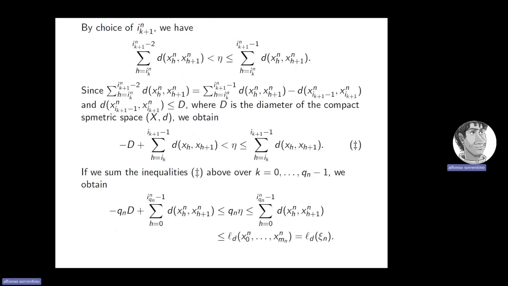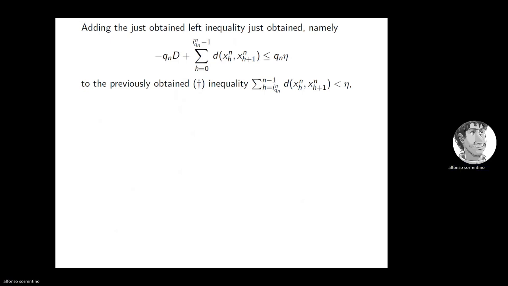So what we just showed is the left part of the inequality. I rewrote it here, and I add to it the last term to get the full chain. The last terms are the ones from i_{n,k} to n minus 1, and this is less than eta.